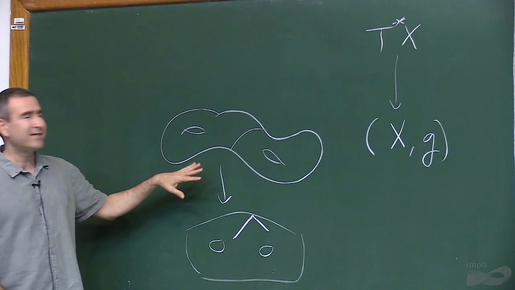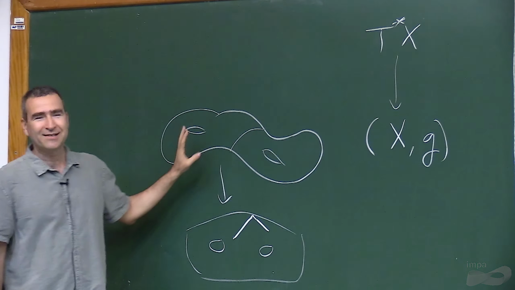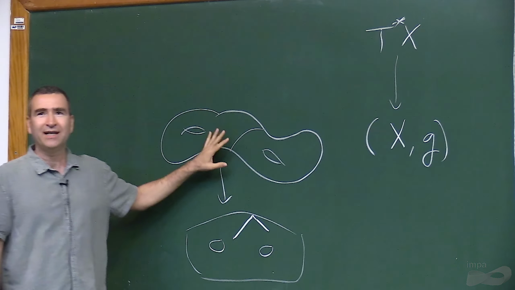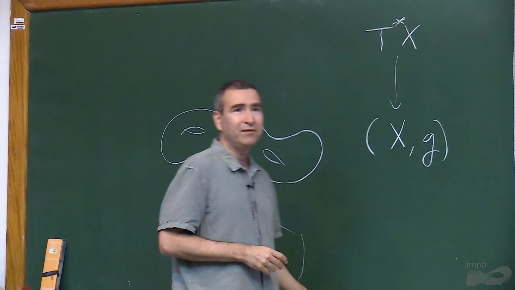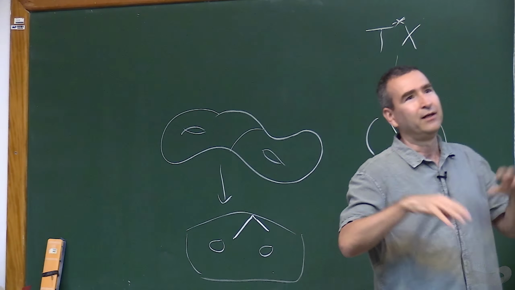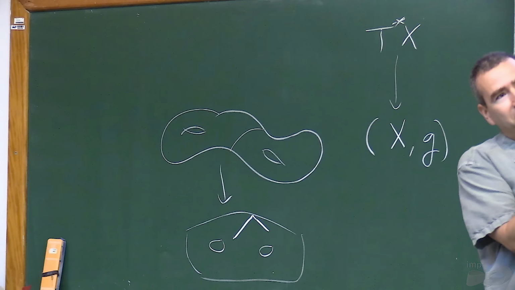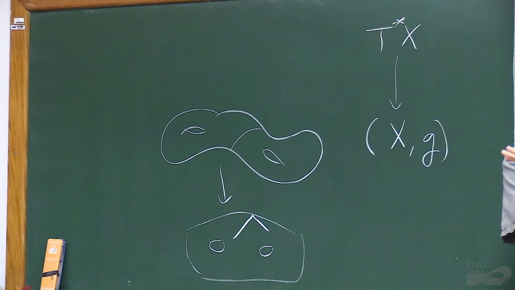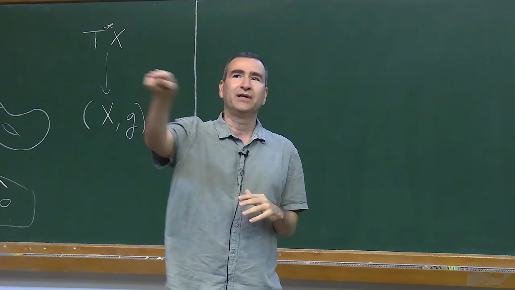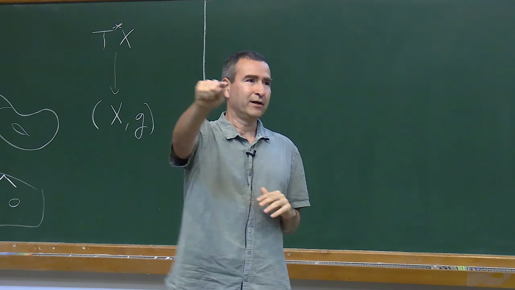This is not a very precise mathematical statement, but one can imagine it: you have a surface with some geodesics, you turn it into a flat object, and the geodesics become billiard orbits.